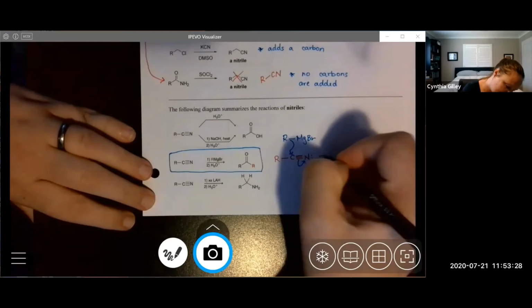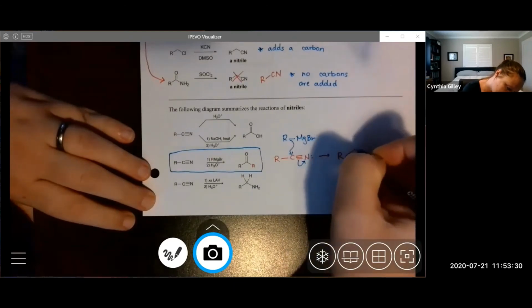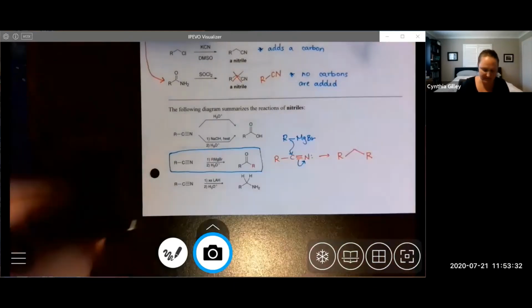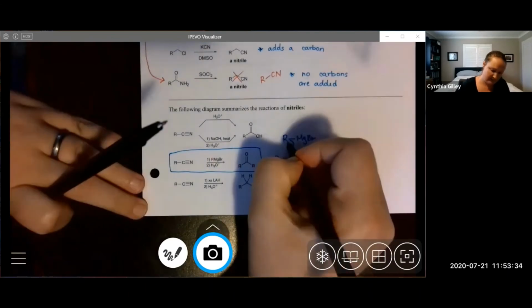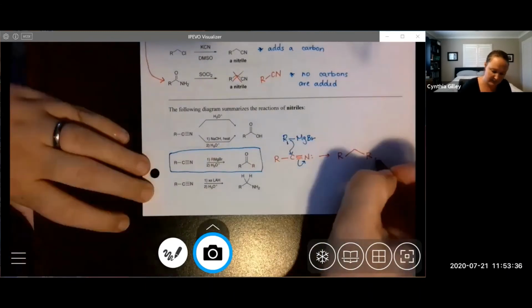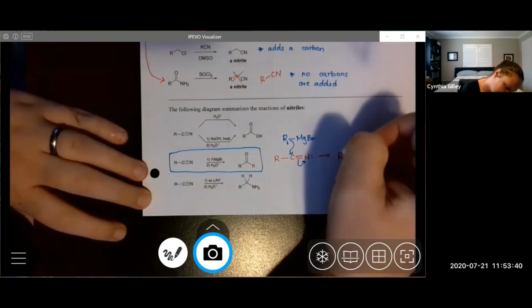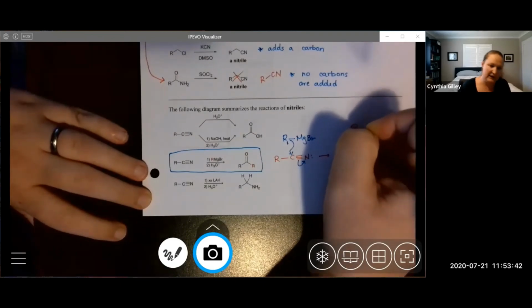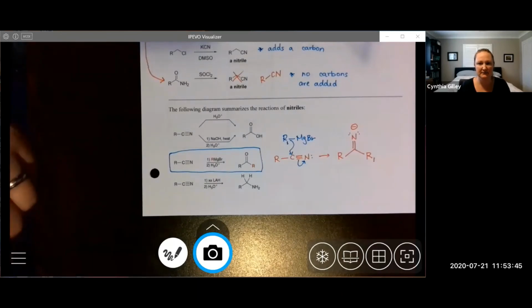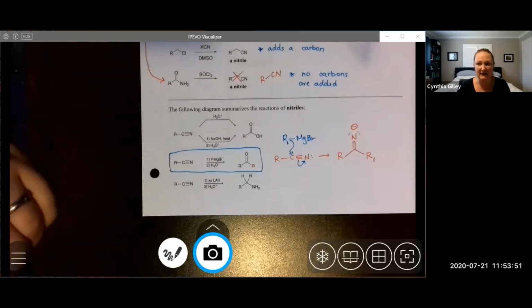Right, so that actually forms, I should call this R1. Right, so I'll call this R1. So it actually forms an intermediate that looks like this, okay, with a double bond to nitrogen. And then it's stuck like this.